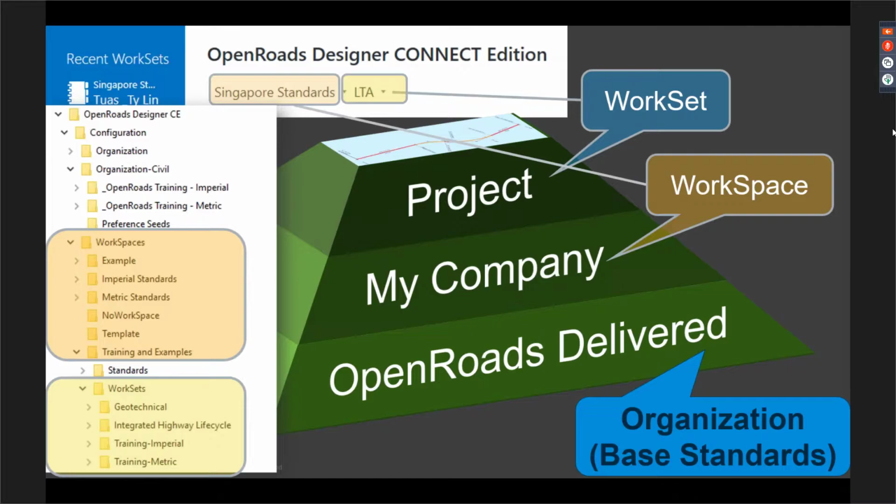ORD does not store its standards in one template file like other civil softwares, which is the main reason why file sizes become heavier and heavier as you progress with your project. So this workspace workset methodology can then be set as the standard in your organization, regardless of what project you are doing.